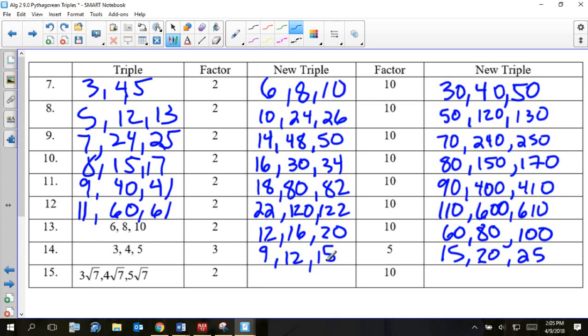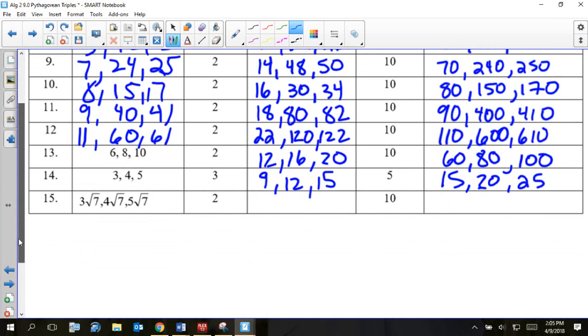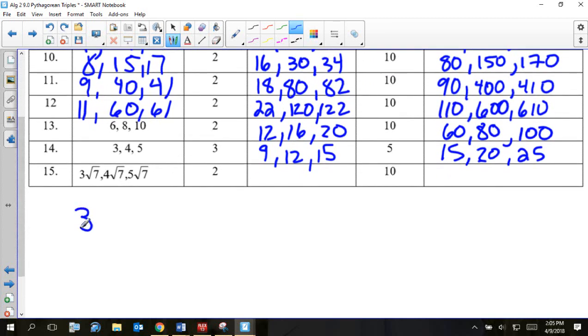Yes, Mark. Remember the rules about multiplying a square root. We have 3 square root 7, and we multiply it by the number 2. What can you actually multiply here?